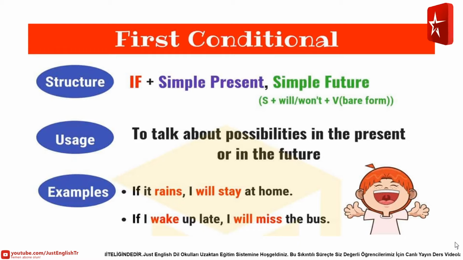As I told you, we use present simple in the if side. As I told you before, we have two clauses, the if clause and the main clause. In the if clause we use simple present, and in the main clause simple future.